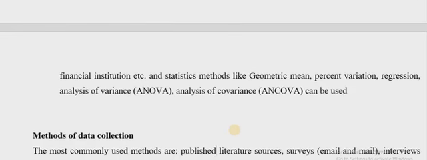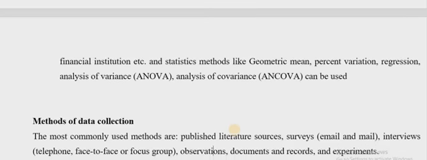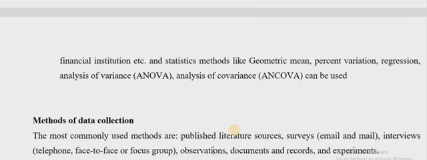Alright, the next thing we do is method of data collection. How can we collect the data you want to analyze? Now, the most commonly used methods are public literature sources. Like I said, you can go to the Federal Office of Statistics, you can go to the Central Bank (CBN) to collect data. Then surveys, which you can get on the internet, by email and by mail. Interviews, which can be by telephone call, face to face or focus group.